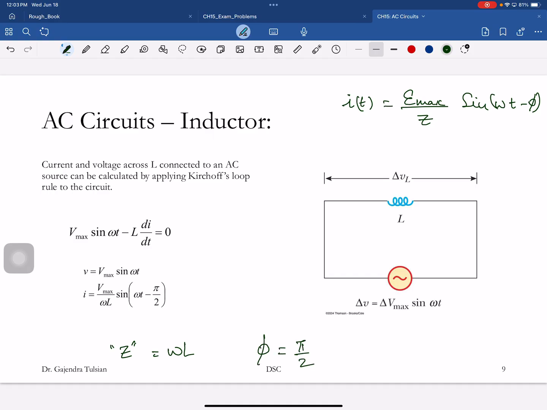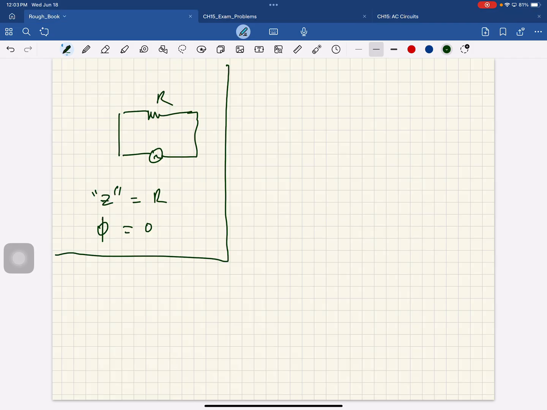Pi over 2. All right, so let's write that down. The next element that we connected was an inductor. Z was omega L. Phi was pi over 2.